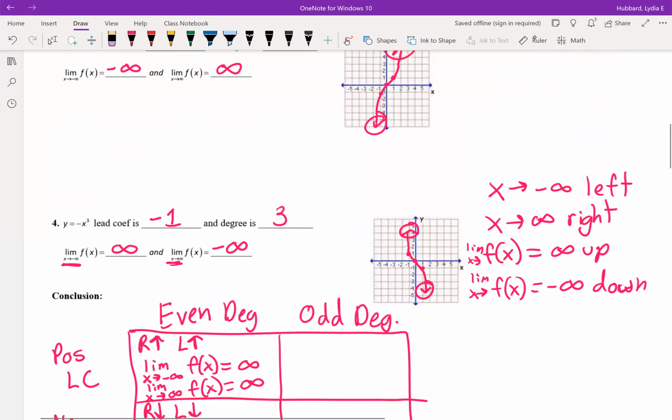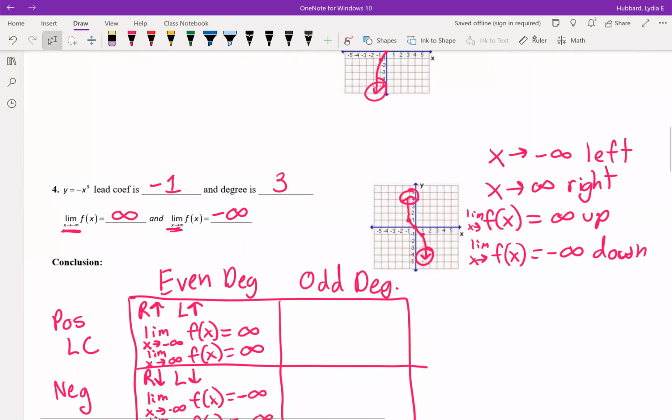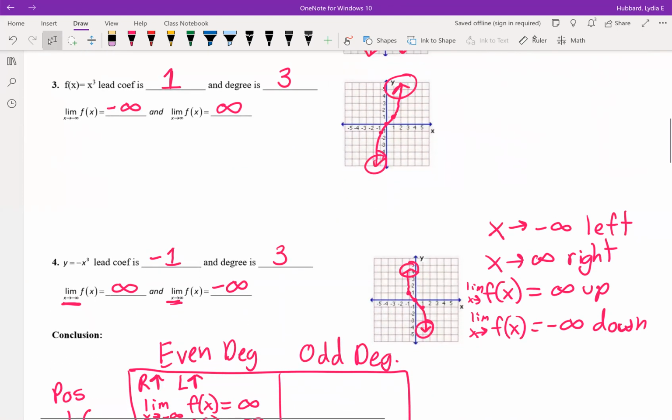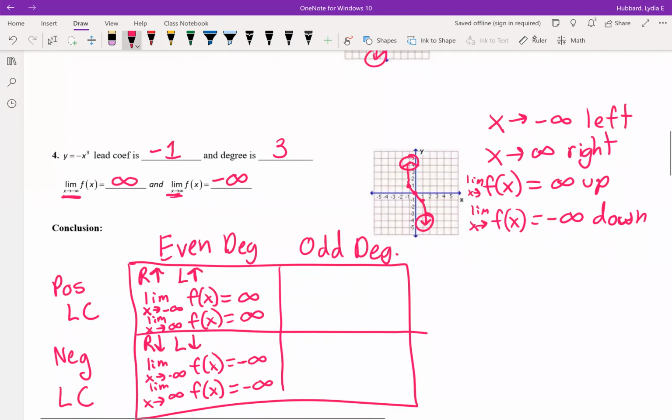Now, what if we had a positive leading coefficient and an odd degree? Okay, so that is what's happening in number 3. We have a positive leading coefficient and an odd degree. And we should see that this time our right side is going up and our left side is going down. So we would write that as the limit as we go to negative infinity.